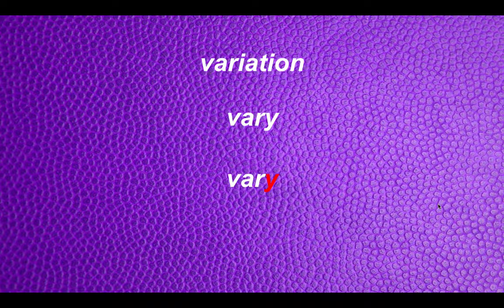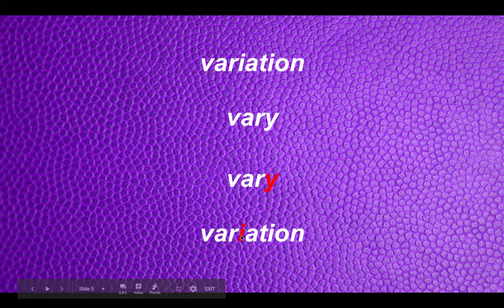But when we actually take this root word vary and we put the ation on the end, variation, we need to take that Y grapheme, which is acting as an E vowel sound, and we actually need to change it to the grapheme choice of the letter I. Now, if you listen to the word vary and then you listen to the word variation, the actual phoneme sound remains the same.